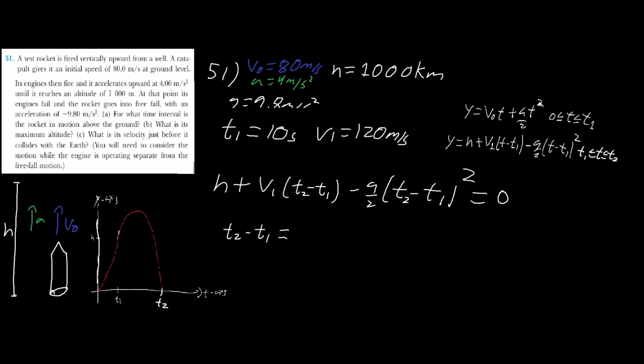So I'm going to do the same thing. I'm going to do the quadratic formula. Negative v1 plus or minus the square root of v1 squared minus 2, and notice that this is going to be a minus and a plus, so I'm going to switch this into a plus, 2gh, all over negative g, because that 2 over 2 will cancel off.